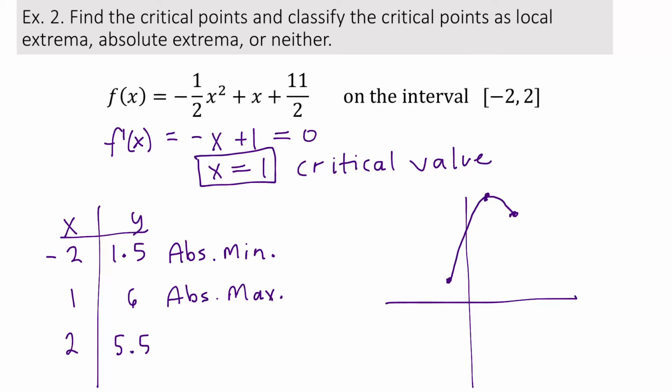The leftmost and rightmost endpoints and the critical value, which is the absolute maximum value since this is a downward facing parabola. So I have this horizontal tangent line, or f prime is equal to 0 right here. That's my absolute maximum value. So this is what my graph looks like, and we've solved this using the extreme value theorem.